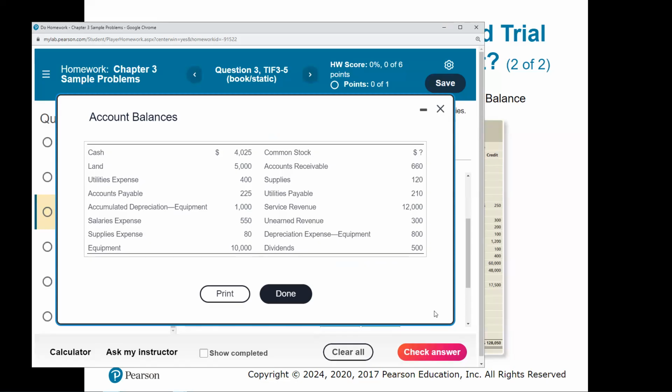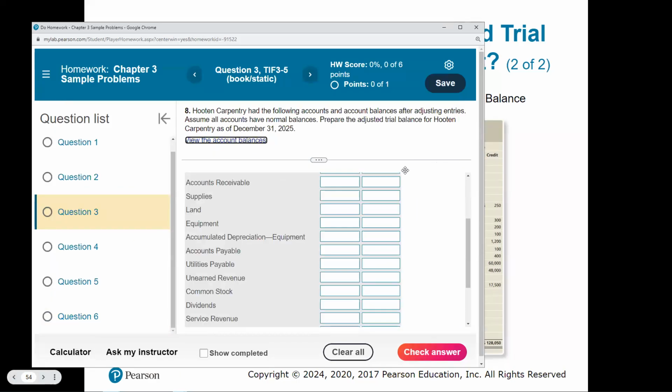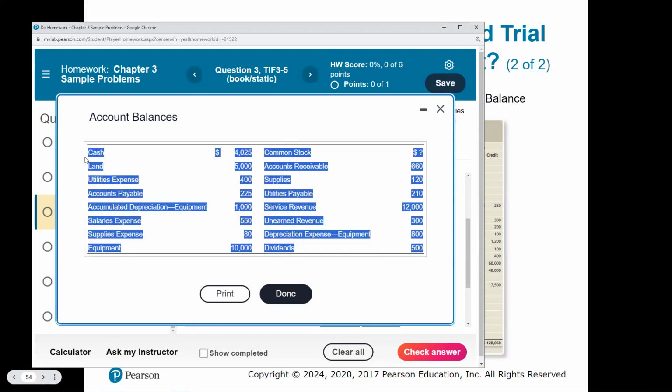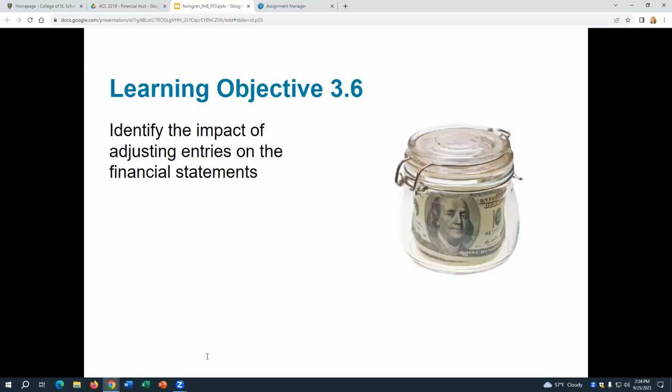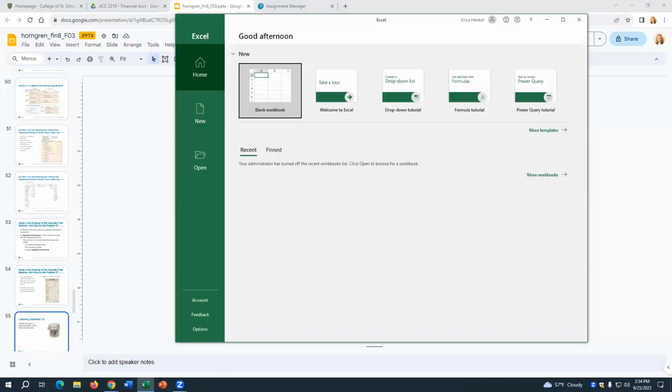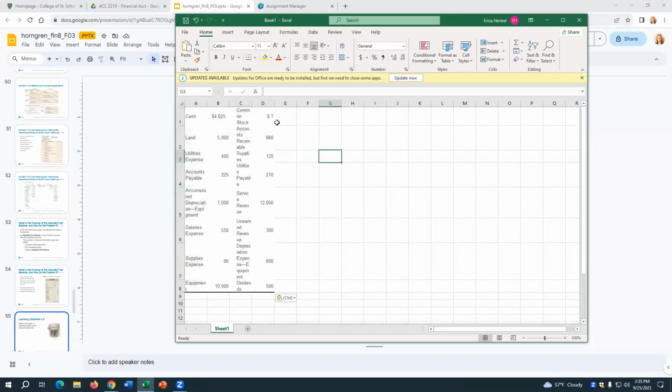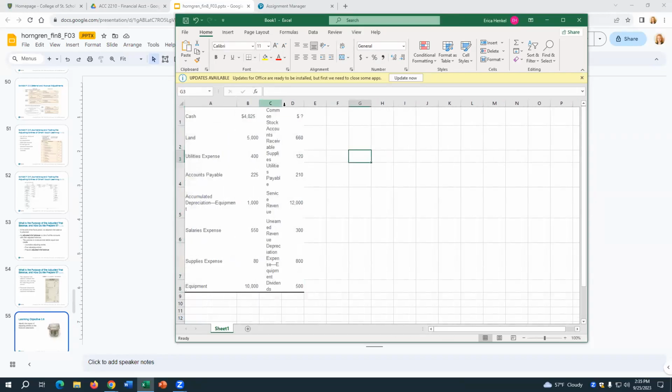So let me pull up a little spreadsheet here. Sometimes they let you copy these and put them in. See if this works. Sort of works. Okay, so we'll do this.